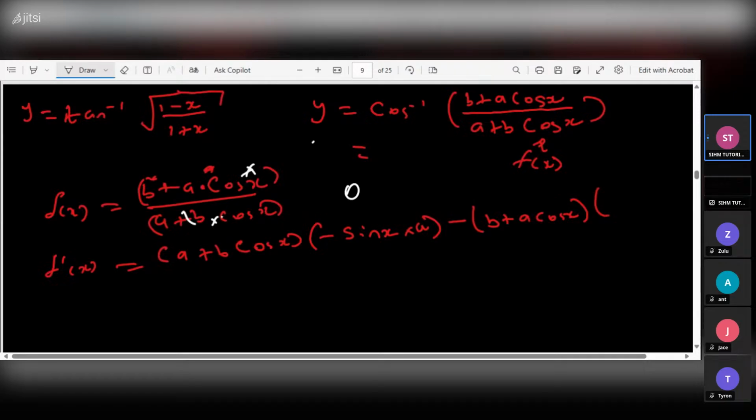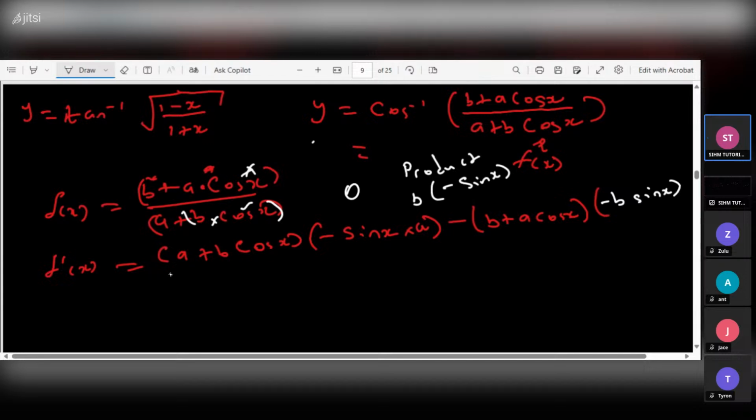This is going to be a product rule, as you know. Since it's a product rule, you need to apply something. Let's first derive the cos x. We're going to keep b, and then we derive the cos x, which is going to be negative sine x. So this is the same as negative b sine x, right?